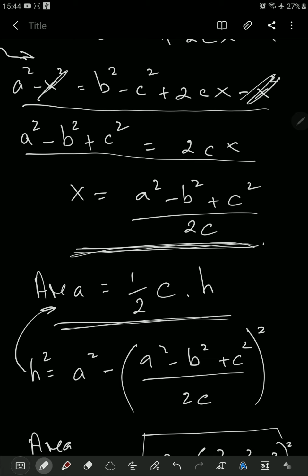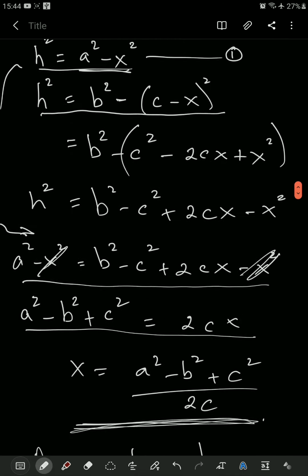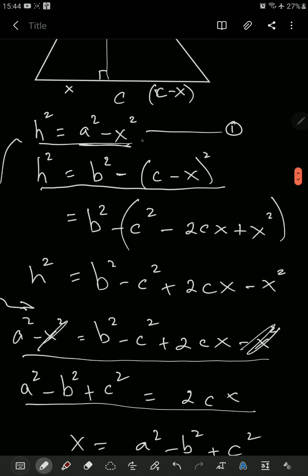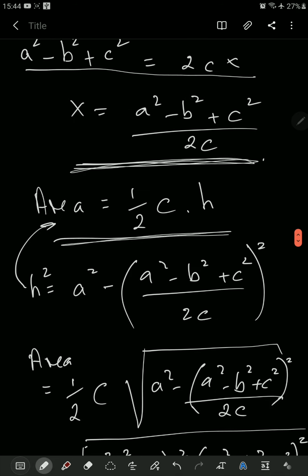Now from above, we can have an expression for h squared using formula 1 back here. So we have h squared equals a squared minus, and then our expression for x goes in here, and we square that to get our x squared.